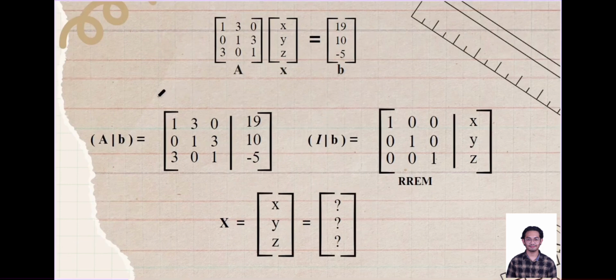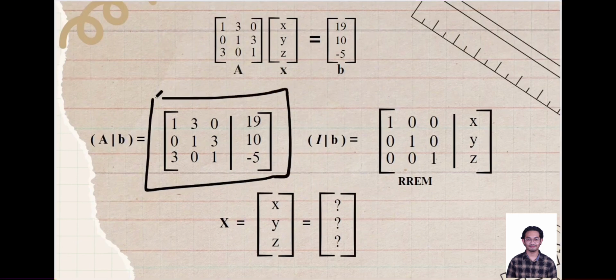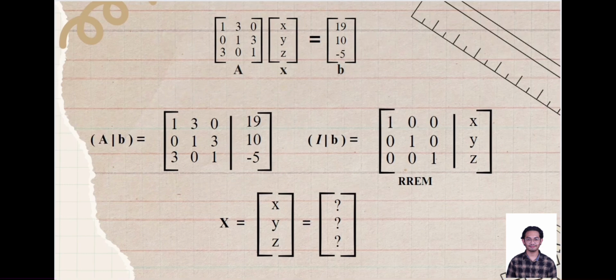Then we have to form one singular matrix which has A and B, A on the left side and B on the right side. To use this method, we have to bring side A into an identity matrix, or RREF form, which is 1 0 0, 0 1 0, 0 0 1.